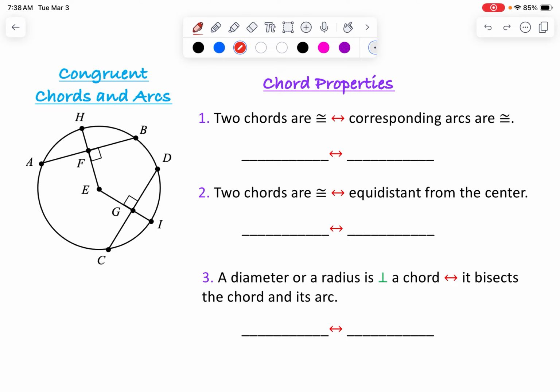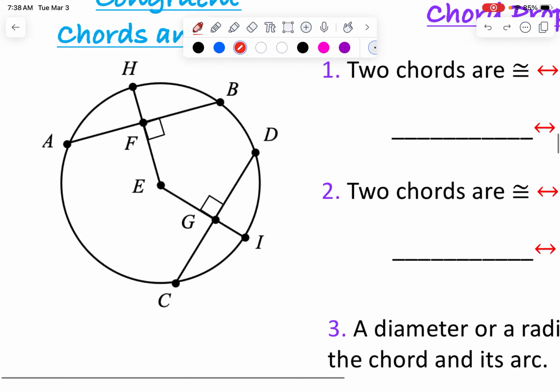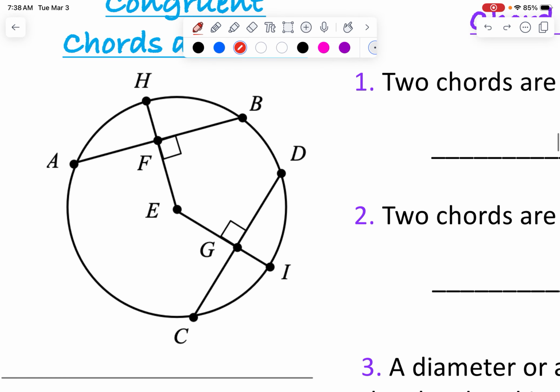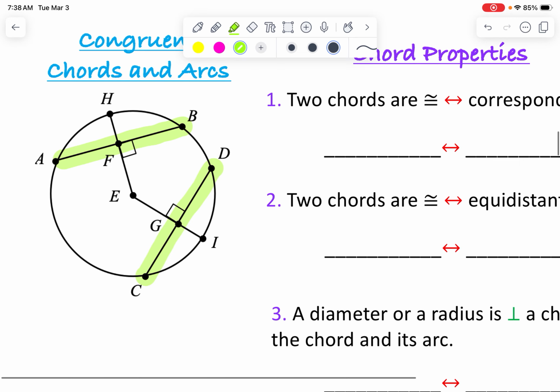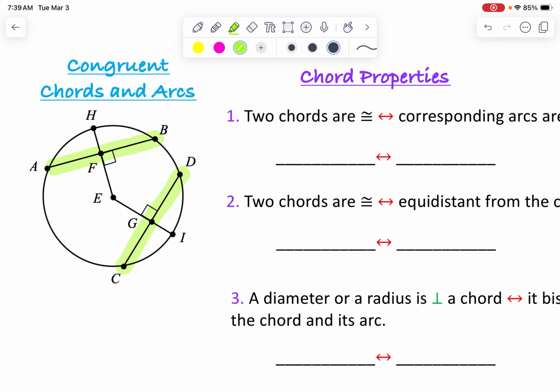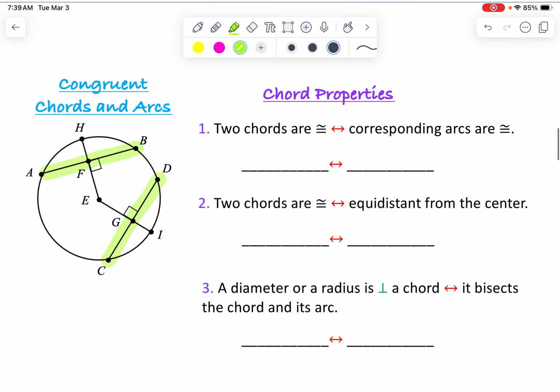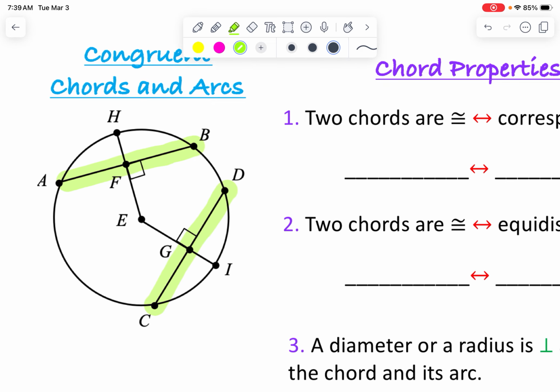Okay, so if we look at this picture here, let's say I'm going to use my highlighter maybe. So this chord right here, AB, and then this chord right there, CD or DC, however you want to say it, those are congruent if their corresponding arcs are congruent.